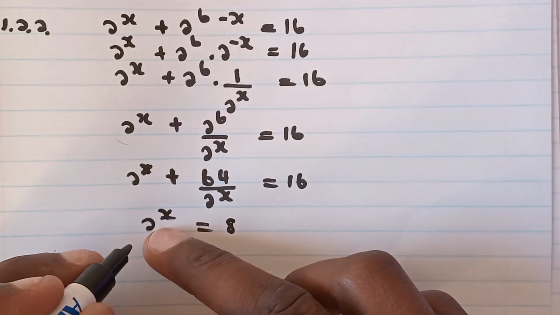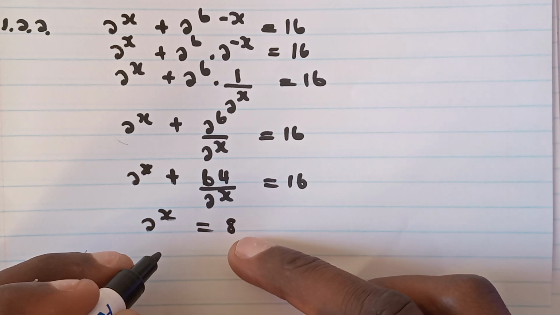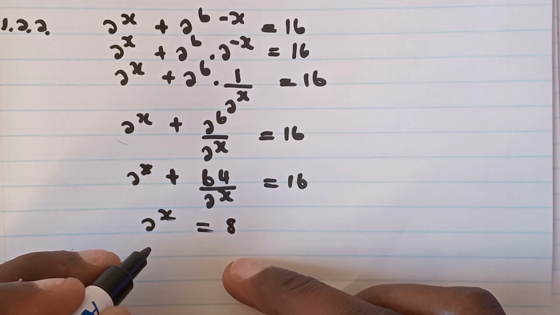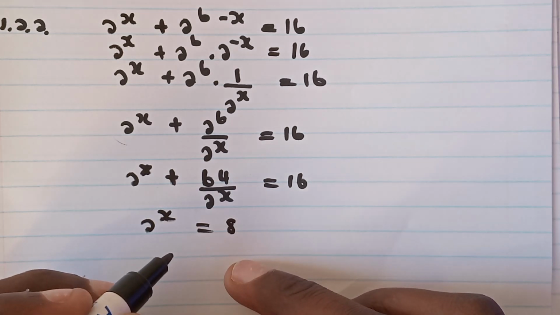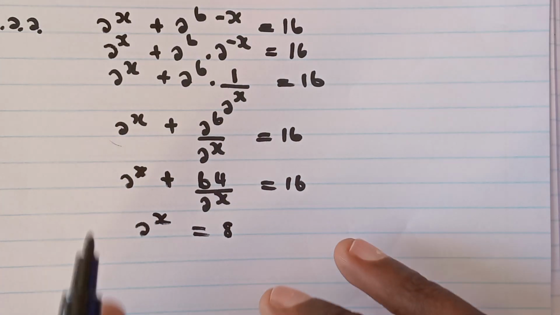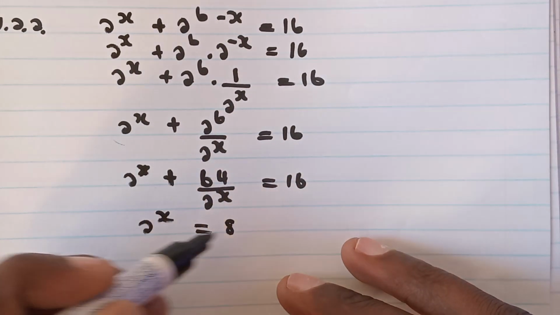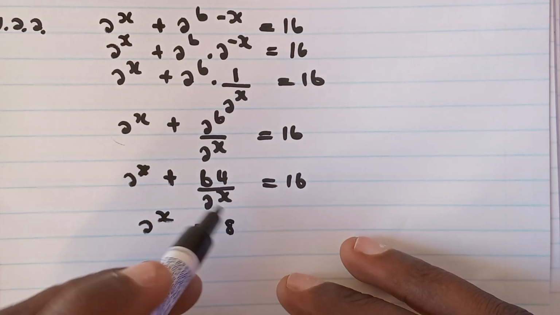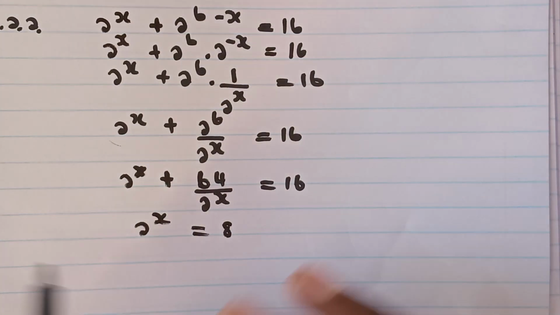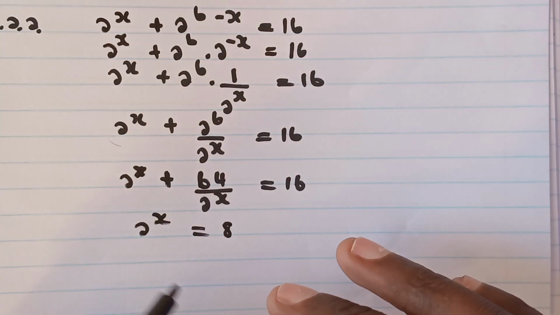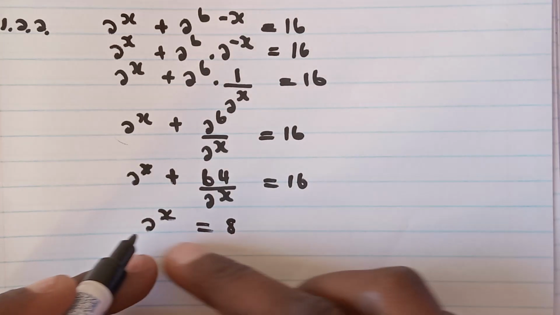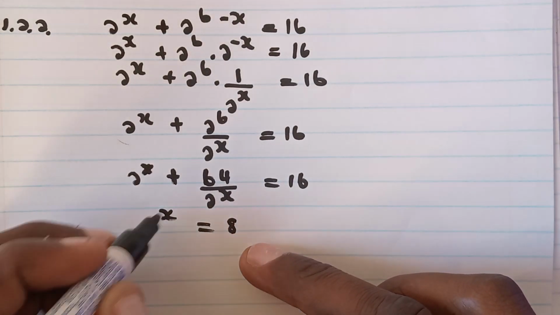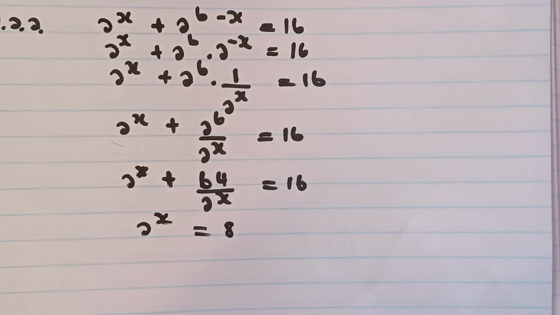So 2 to the power x is equal to 8, or maybe you can just introduce k here and then do the k method. But whatever you do, it will give you 2 to the power x is equal to 8. So let's continue from here.